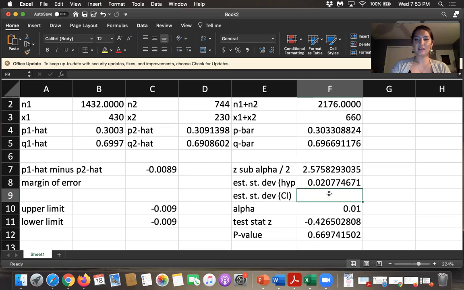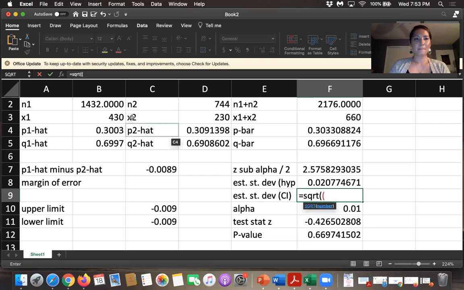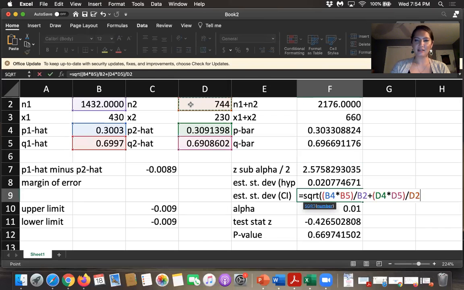So I go to this cell and I type equals, and then I want the square root of, this time, p1 hat times q1 hat divided by the sample size for that first sample plus, open parentheses, p2 hat times q2 hat, close parentheses, divided by that sample size, close parentheses for the whole thing, and you want the square root of that whole thing. That's the estimated standard deviation for a confidence interval.